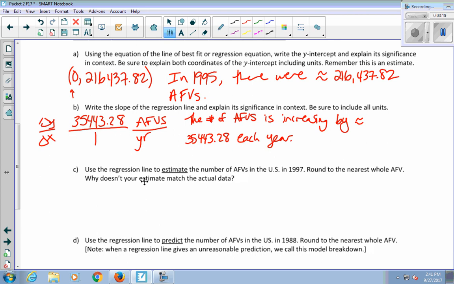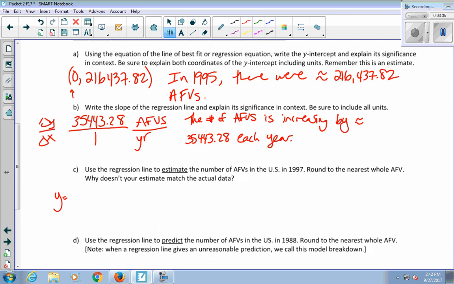Use the regression line to estimate the number of AFVs in 1997. Round to the nearest whole AFV. Why doesn't your estimate match the actual data? So 1997 is 2 years after 1995, so I'm going to plug a 2 in for x.